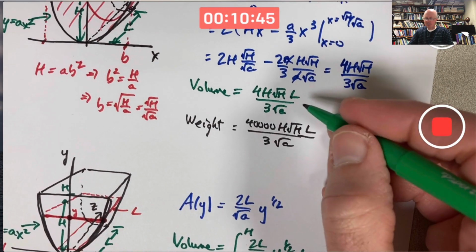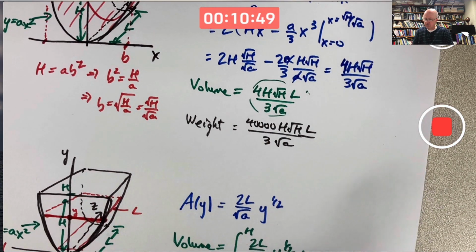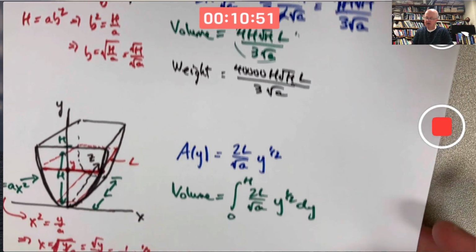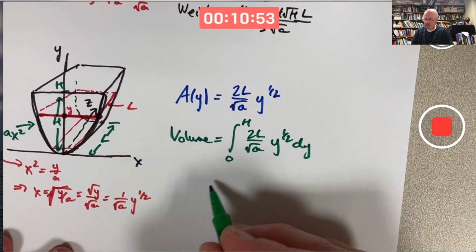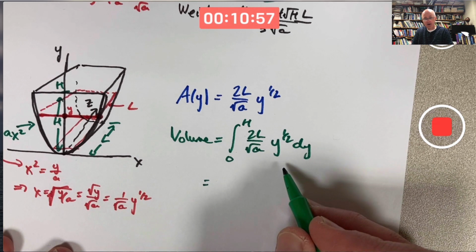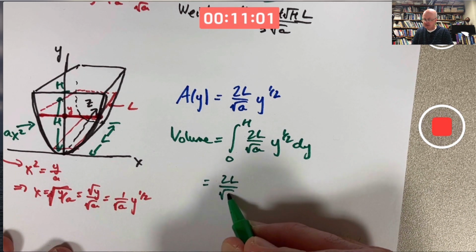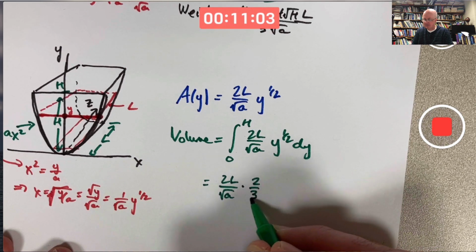We should get the same volume that we got before. Then we'll have to, again, multiply by 10,000 newtons per cubic meter to find the final answer for the weight. Add 1 to the exponent, you'll get an exponent of 3/2. I've got to divide by 3/2 as well, which means dividing by 3/2 is the same as multiplying by 2/3.